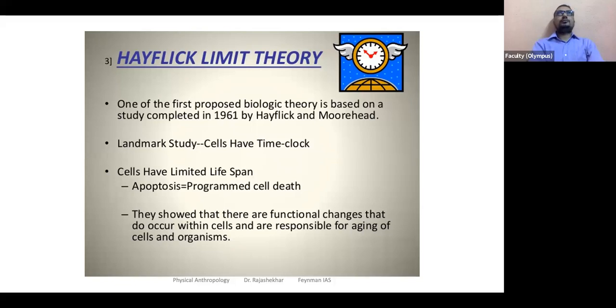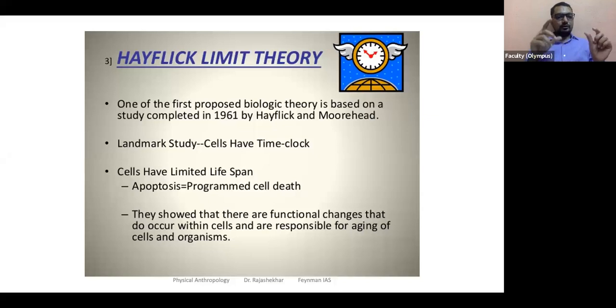So what is programmed cell death? The cell is designed in such a way that after a certain duration, it will die off. It receives signals to remove its nucleus and disintegrate various parts of it. So the cell eventually starts showing the death process.